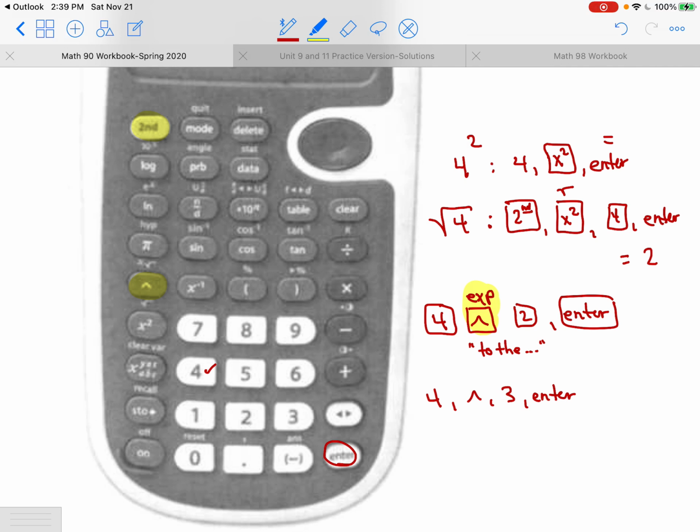I mean, there's another way that you can get to buttons where it's automatically inserted into the calculator. You would go to a math button, which this particular calculator doesn't have, and then you could find cubes and cube roots. This actually also has a cube root, but we're not talking about cube roots in this class.